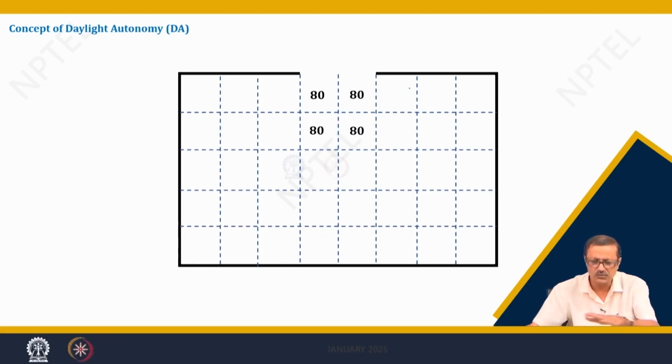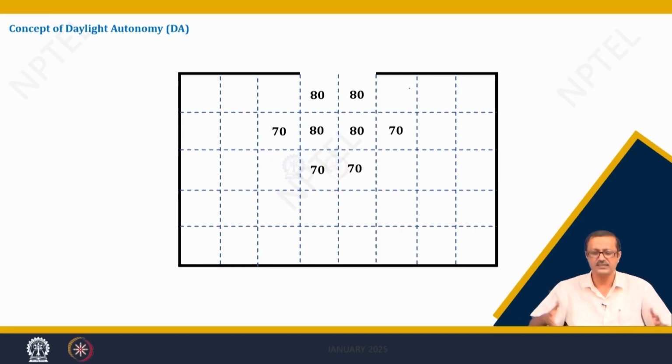It is very close to the window, and the next layer will be surrounded by 70, meaning something like 70% of the year it will be around 300 lux or so. 80 does not mean 80 lux, and 70 does not mean 70 lux. 70 and 80 mean that 70% or 80% of the total annual daytime will be receiving a particular cutoff, which is my 300 if I use 300 as my cutoff.